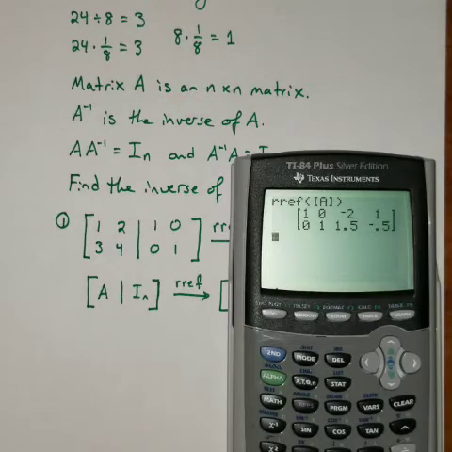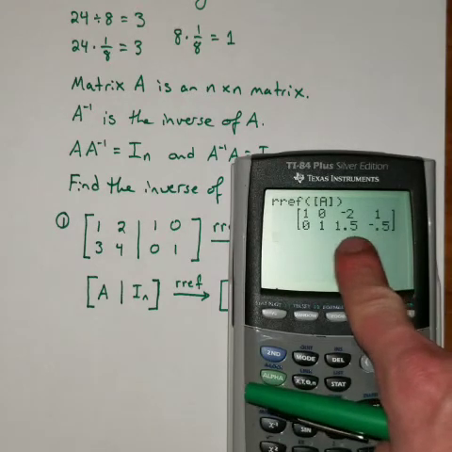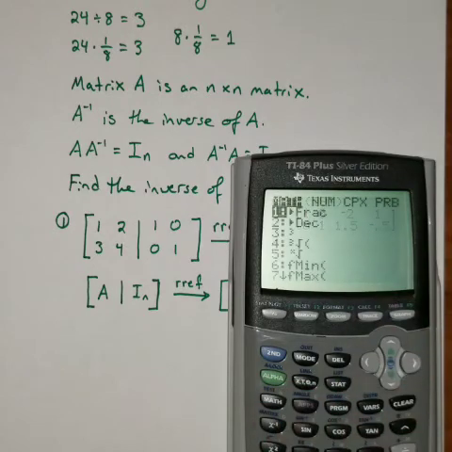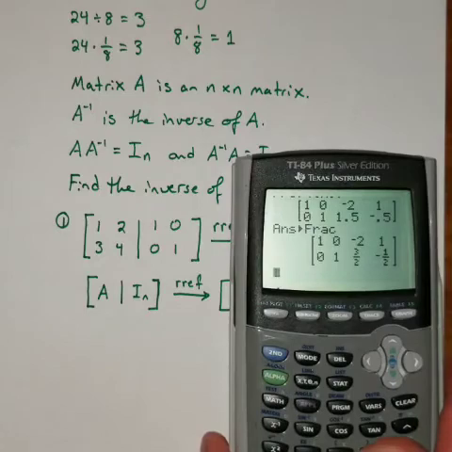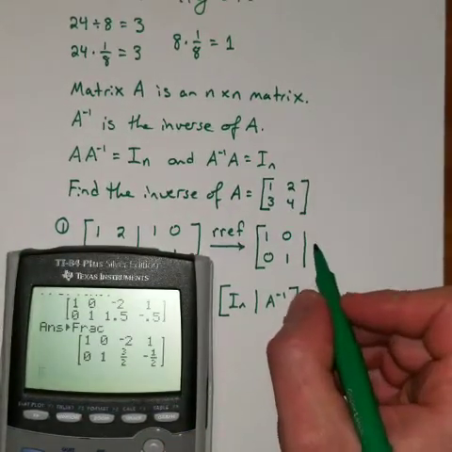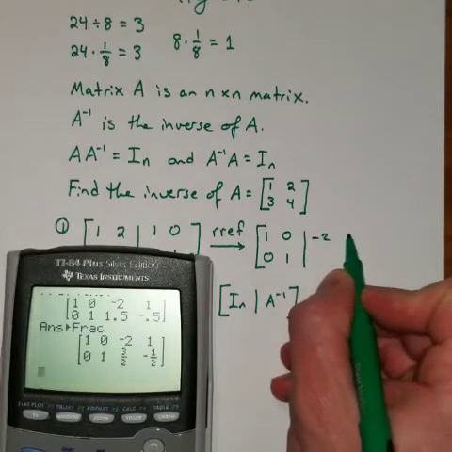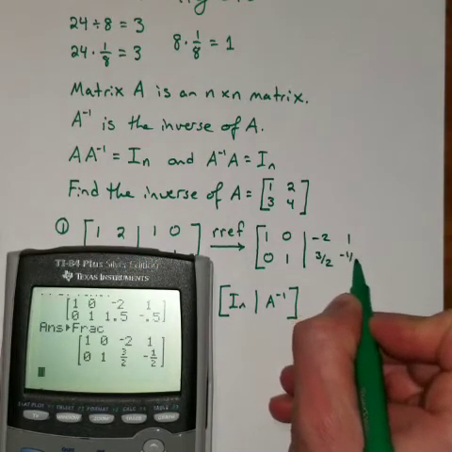And here's our solution. Now our inverse matrix is on the right. Now I'm going to go ahead and put this in fraction form. I just like the look of it. There it is. I'm going to move that over to the side here, and we're going to get -2, 1, 3/2, and -1/2.